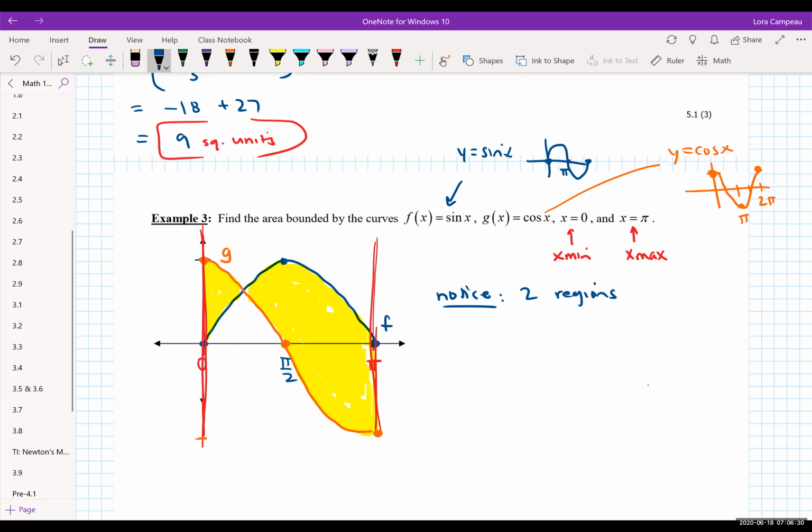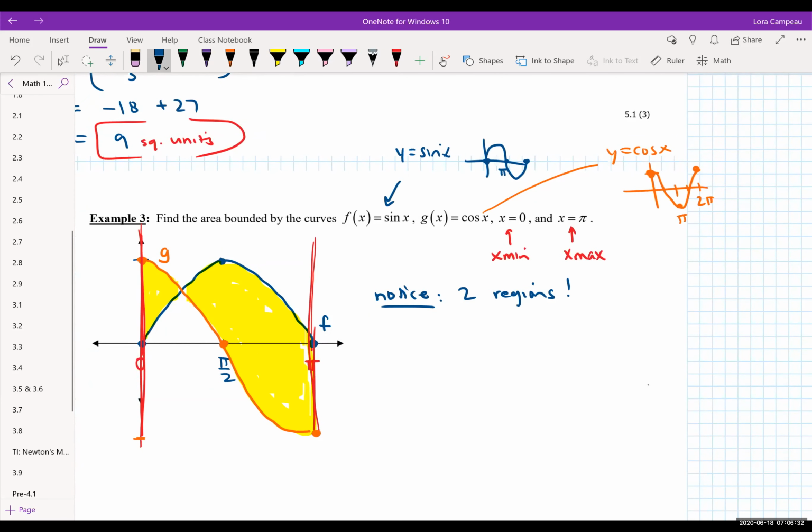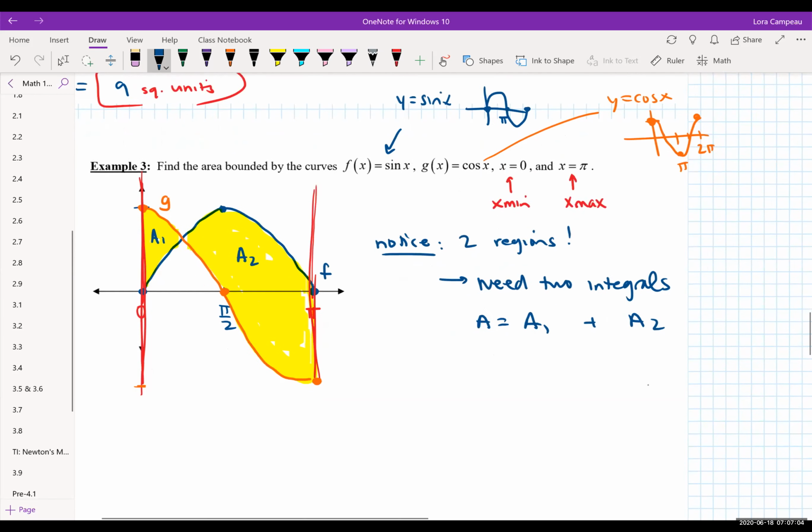And if you have two regions, most likely you're going to need two integrals, because they're not nice regions either. That goes with calling it area 1 and area 2, and we've done this before. Total area is the sum of the two areas. And so that's fine. We can do that.